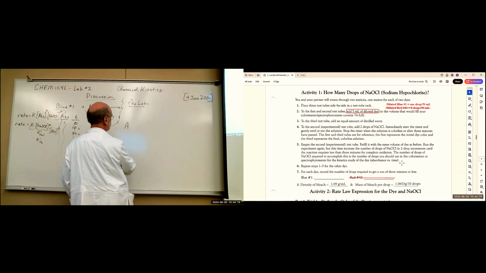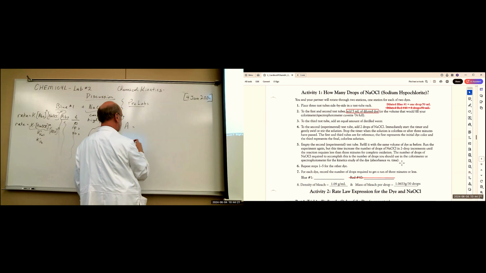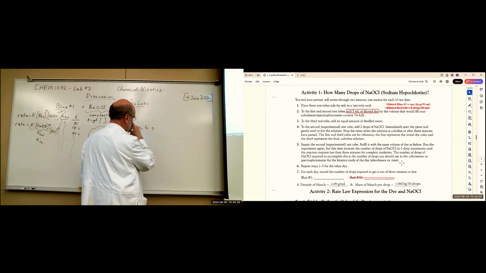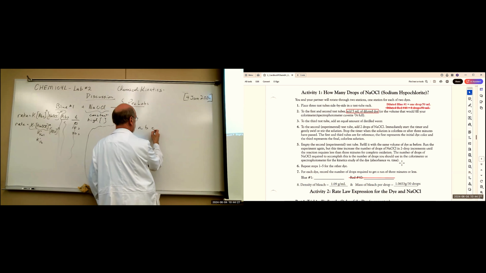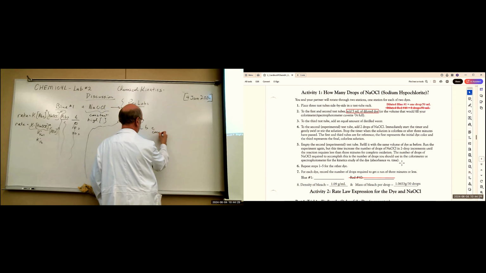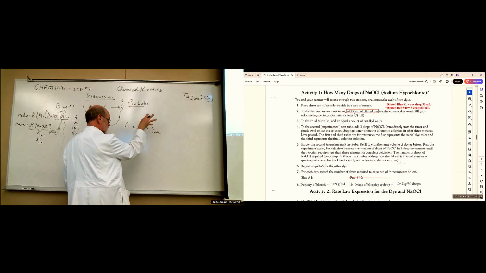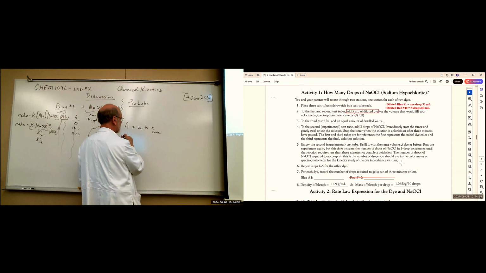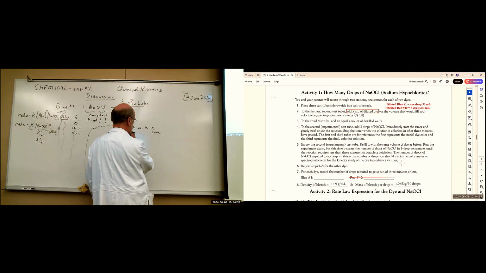Absorbance is equal to 3 things. I usually write ABC. C is concentration. So as the concentration goes down, the absorbance goes down. I think B is path length.